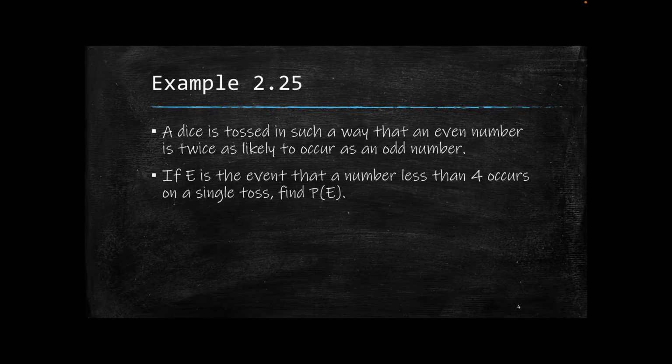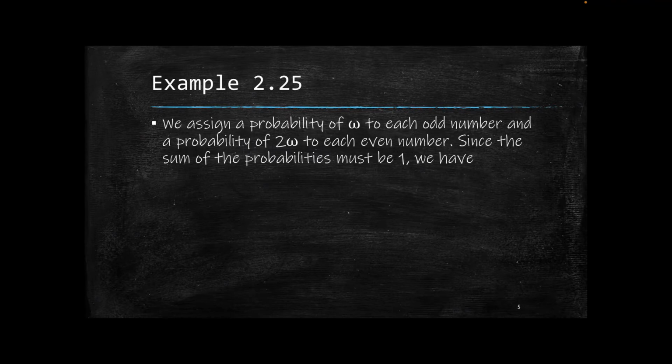Next, a die is tossed in such a way that an even number is twice as likely to occur as an odd number. If E is the event that a number less than 4 occurs on a single toss, find P(E). Here is the sample space from 1 to 6, and then we assign a probability of w to each odd number and a probability of 2w to each even number.